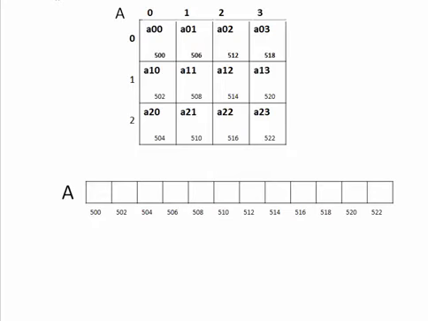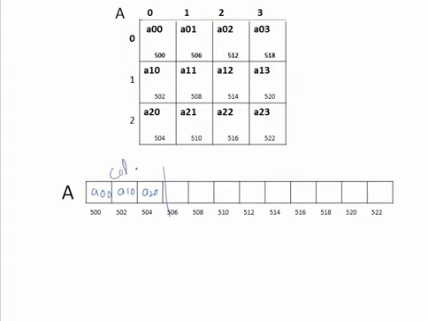Next we will see column major mapping or column major representation. I have taken a two-dimensional array, and basically the array created in main memory will be single dimension, and these will be the addresses. Assume that address starts from 500 onwards, and I have taken some elements. Then how the elements are filled are A00, A10, A20.